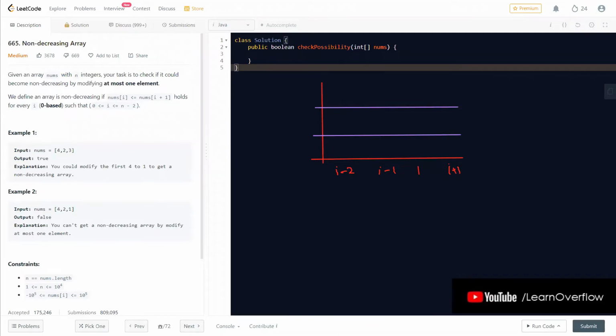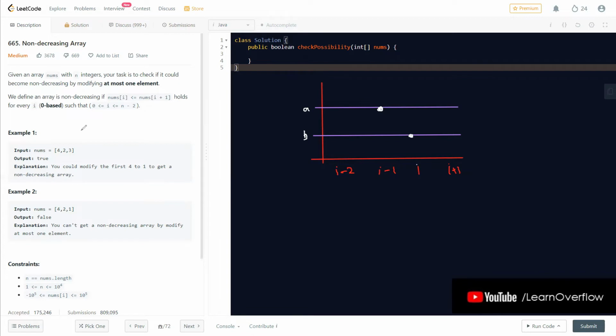Say we have a graph like this, with two values, A and B. At position i minus 1, our value was something like over here. Then, coming to position i, our value went down to something like this. Now, what are all the situations that may happen when it comes to the previous and the next position?